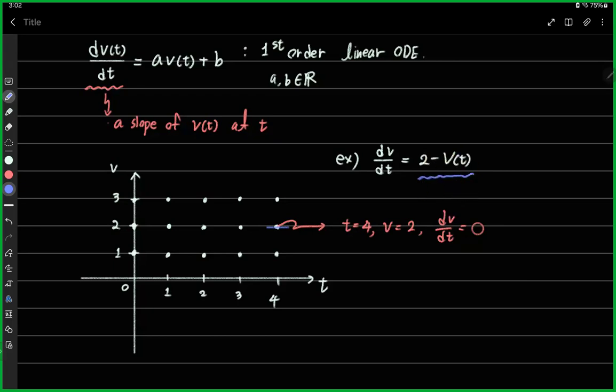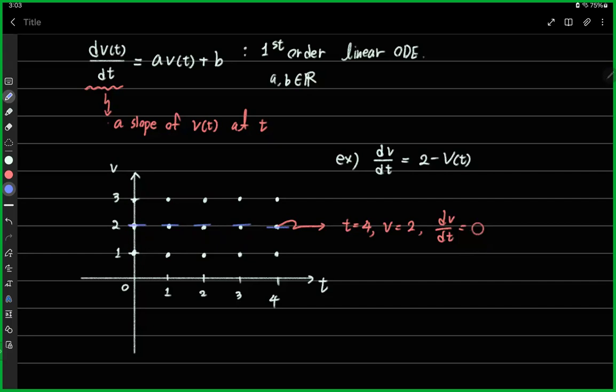So no matter what t value you pick, the slope will be determined by the value of v. So for any value of t when v equals 2, we get a flat line segment because dv/dt is 0, which means the slope is 0.